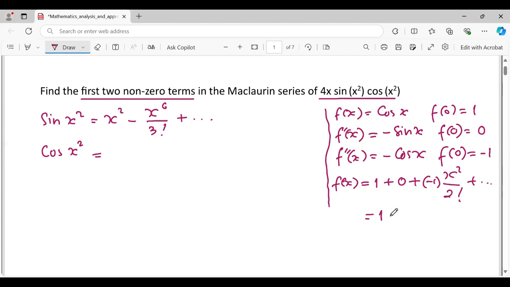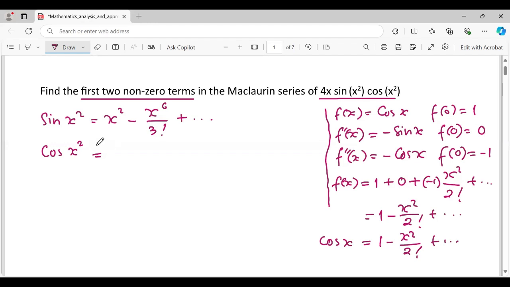So it is 1 minus x squared over 2 factorial. It means the Maclaurin series of cosine x is 1 minus x squared over 2 factorial, and so on. This is the Maclaurin series of cosine x.